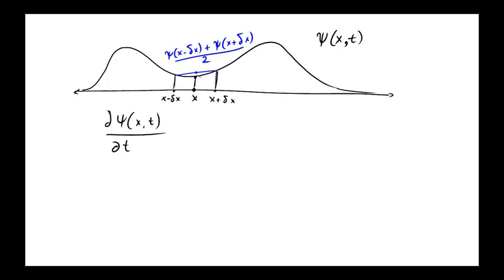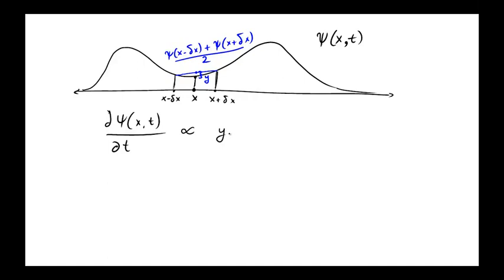And basically what this equation says is that if we look at the difference between these two quantities, let's call this y, what Schrödinger's equation says is that the rate of change is proportional to y.